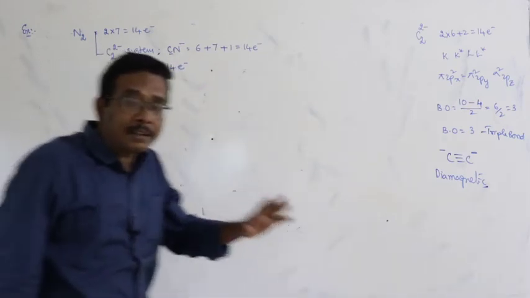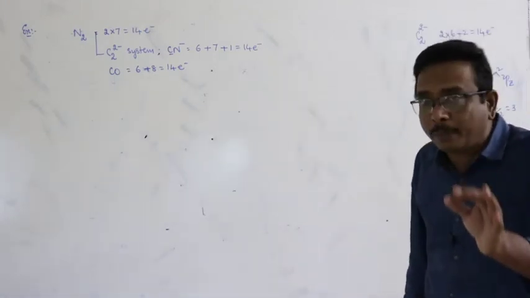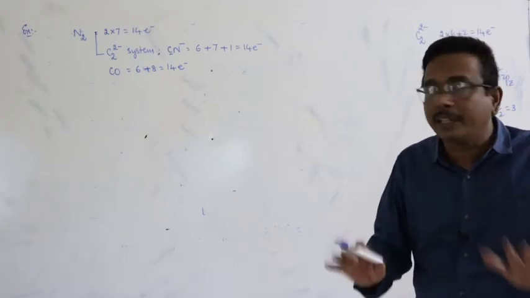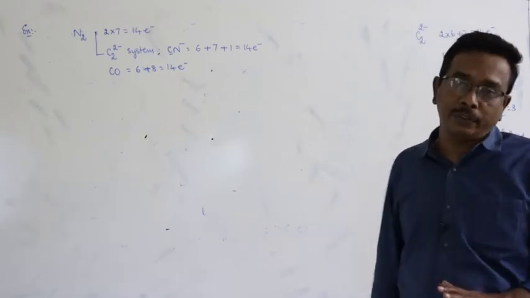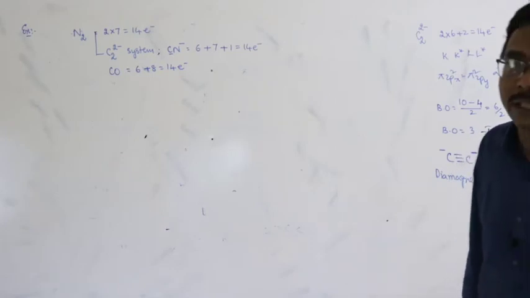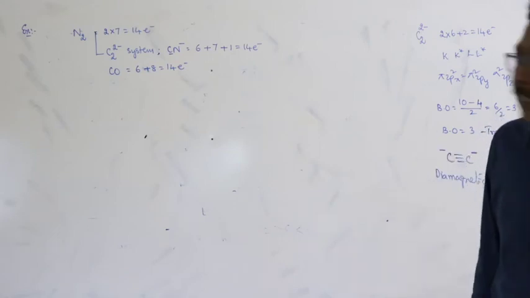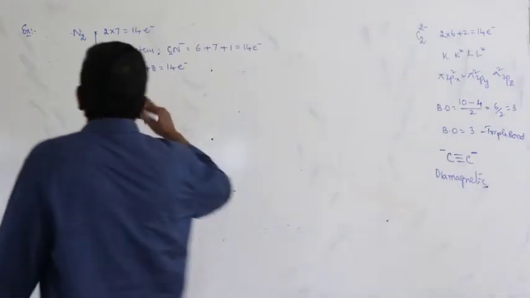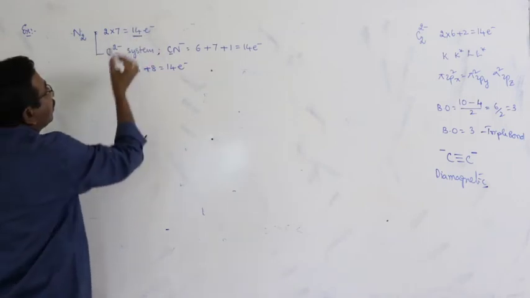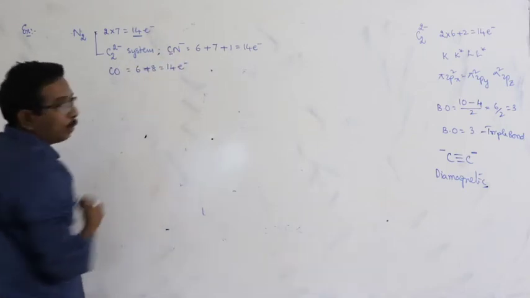And in the last class I have given a statement: the species with the same number of electrons have the same bond order in case of diatomic species, and almost the same nature also, either paramagnetic or diamagnetic. Here nitrogen means 14 electron system. Example C2 2 minus, CN minus, CO.